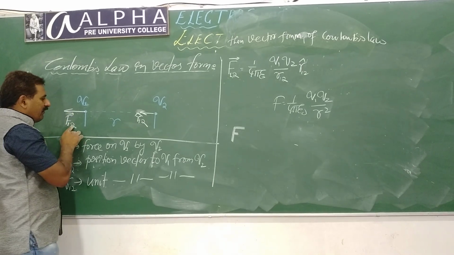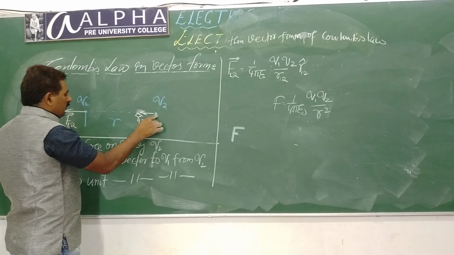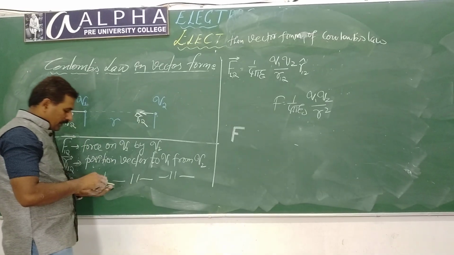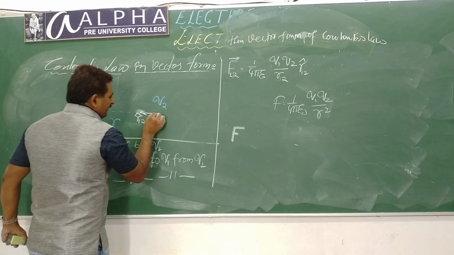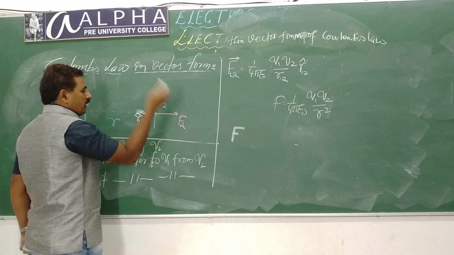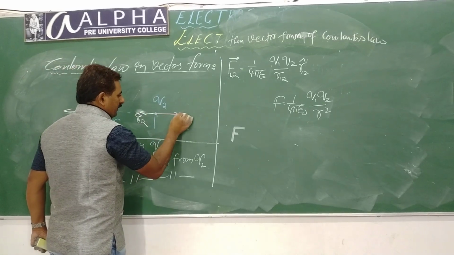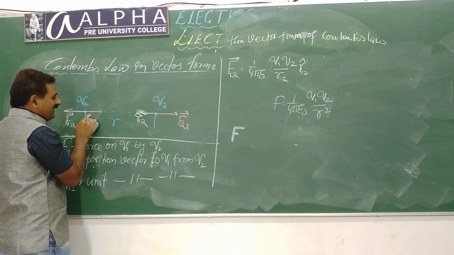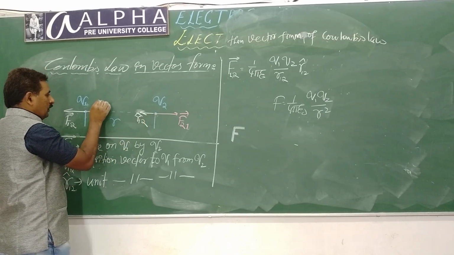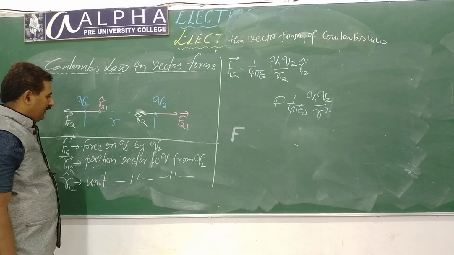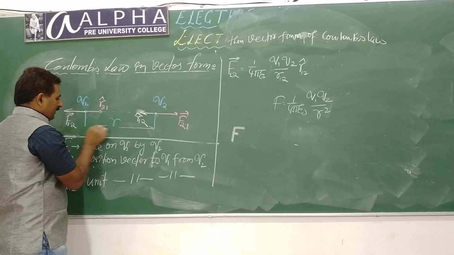Similarly, if I write force on Q2 by Q1, I must write this way. That is F21, force on Q2 by Q1. In that case, the position vector sees the charge Q2. I write R21 like this. Very simple. Distance remains the same.